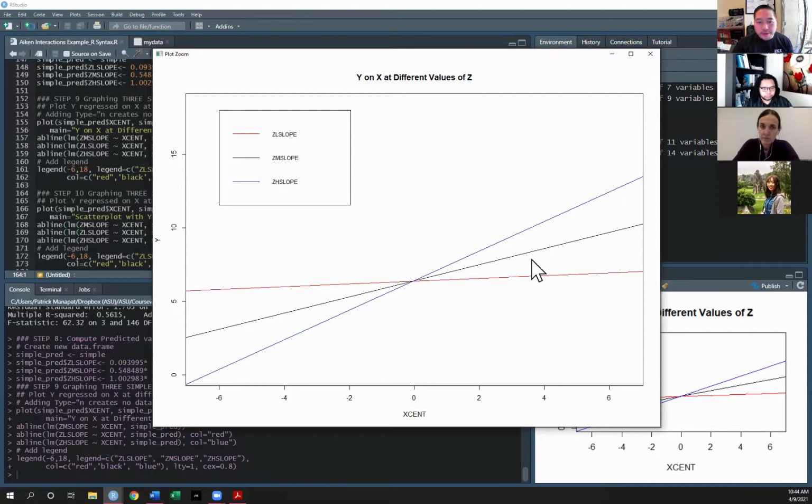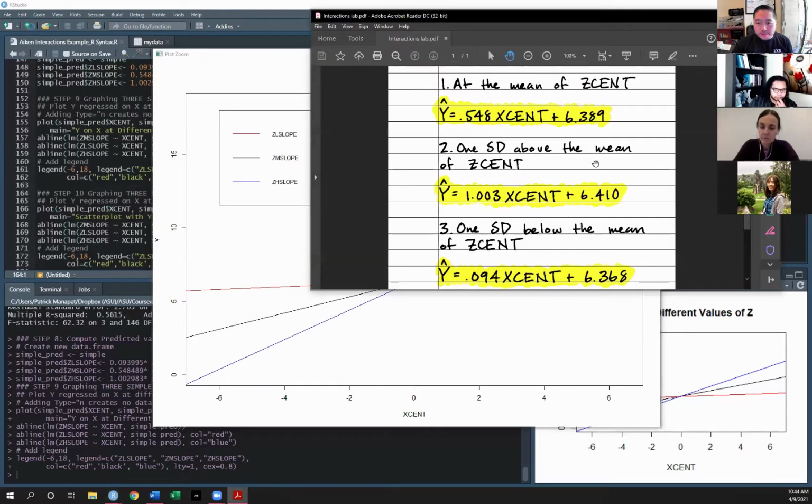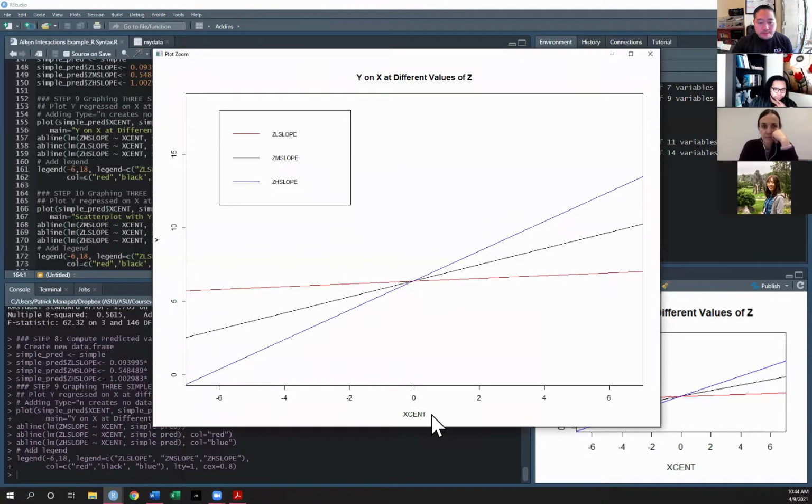Finally, when we go one standard deviation above the mean to Z high, the relationship is the strongest because it's the steepest line. The coefficient was also the largest. One standard deviation above was 1.003, which is greater than 0.548, which was at the mean. So what we can say is the relationship between X and Y gets stronger as Z increases.